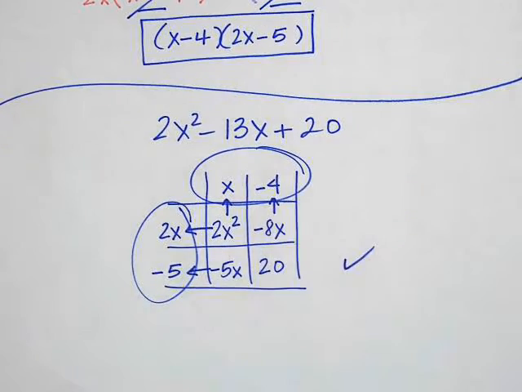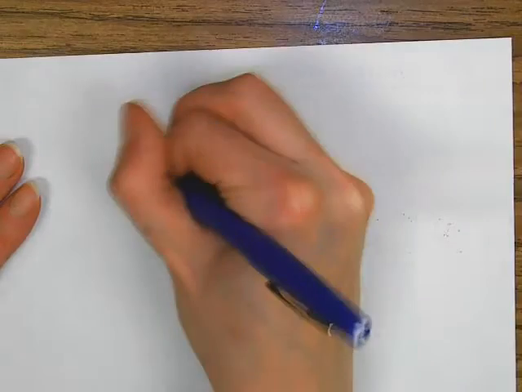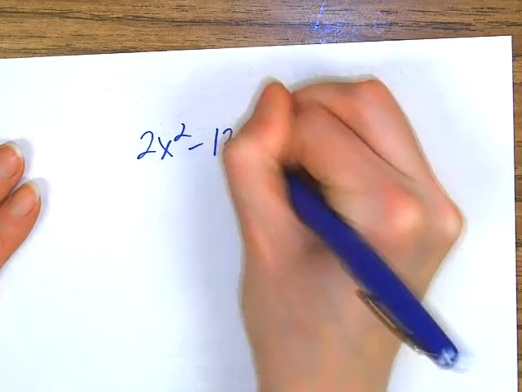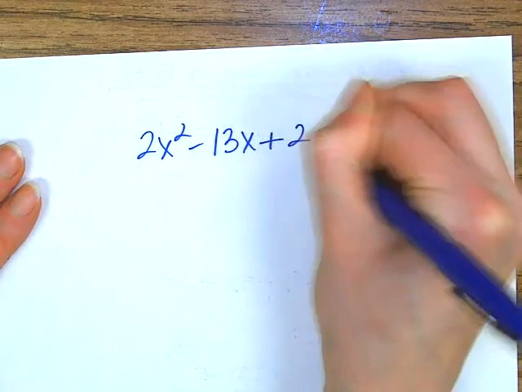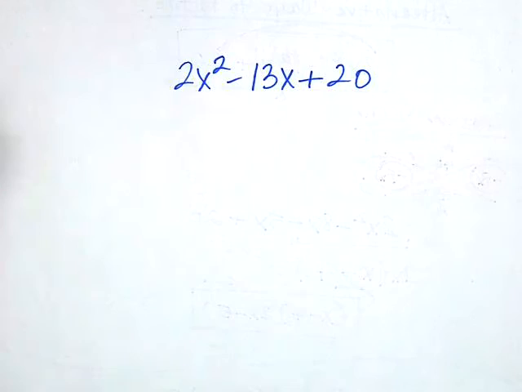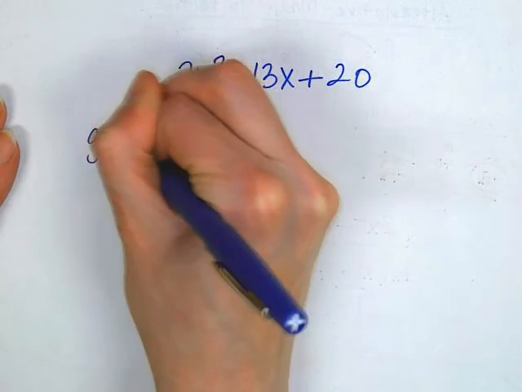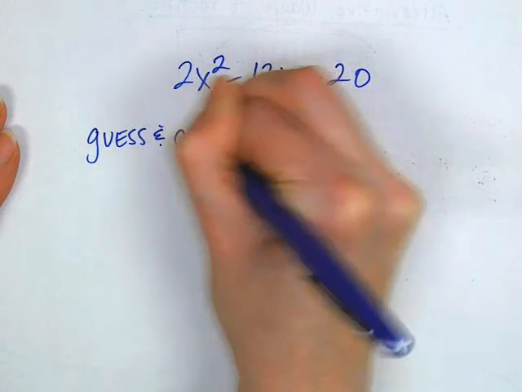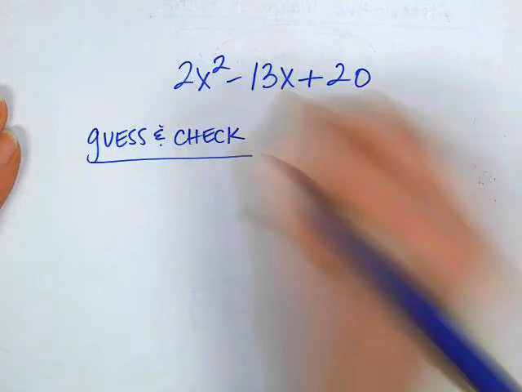All right, now there's one more way, and this is called the guess and check method. This is only if you are super good at doing mental math and visualizing. This is the way I do it, but it took me time to understand this method.